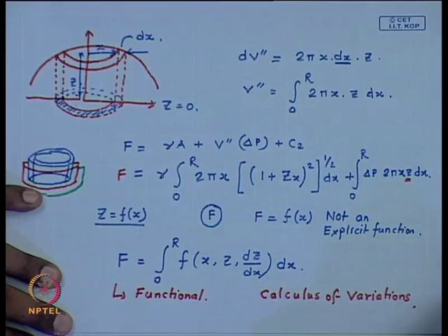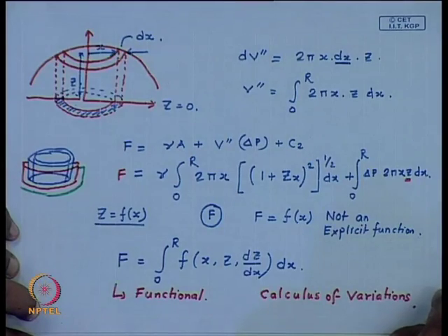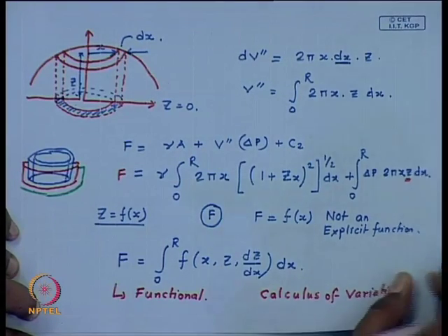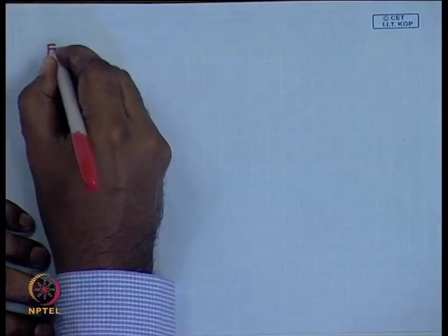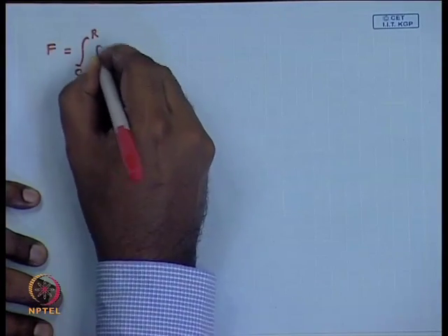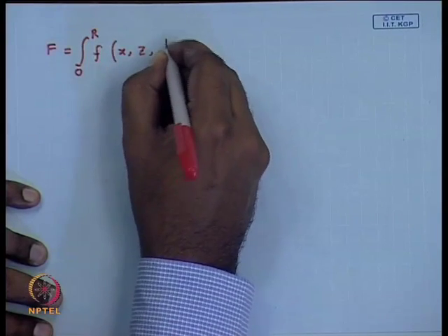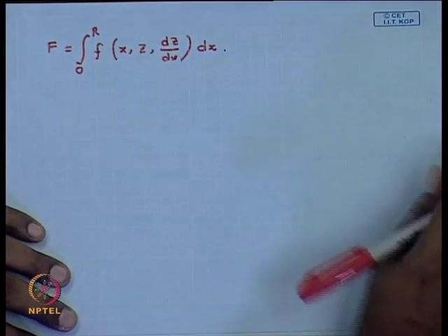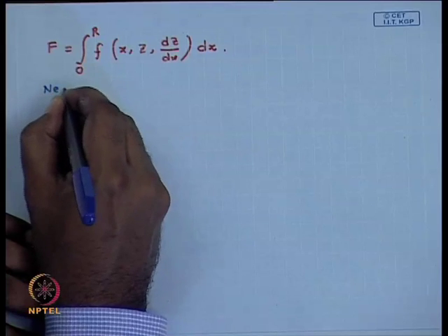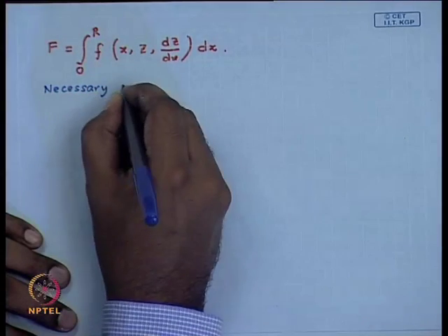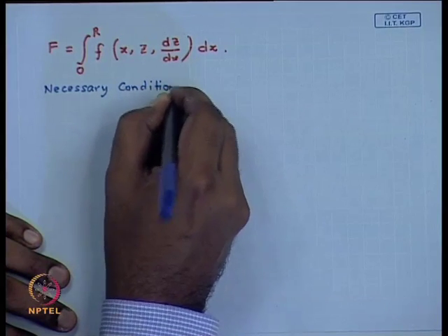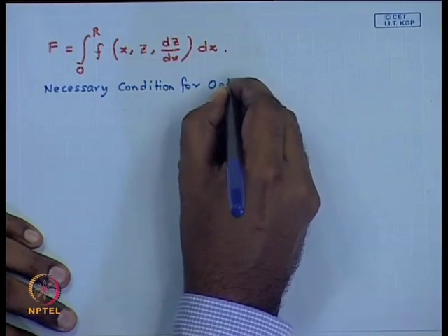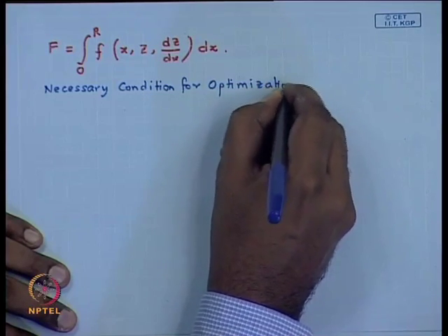An interested listener, if there are any, might look into some standard mathematics textbook to find out more about calculus of variations. But what I will pick up here is that if you have a functional of the form, then the necessary condition for the optimization is the following.